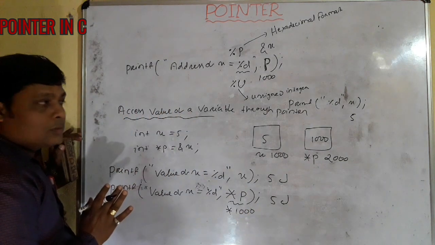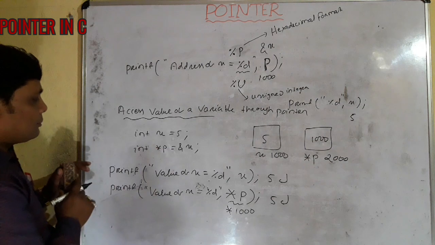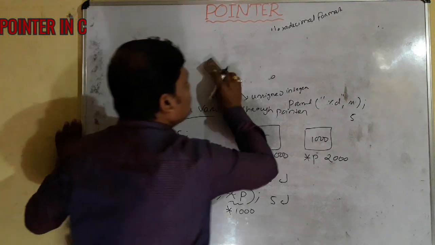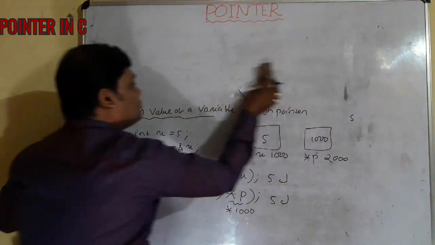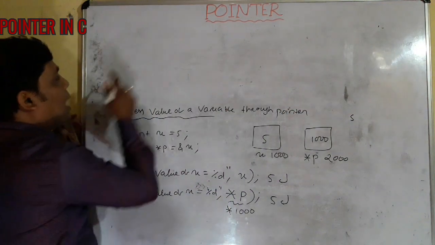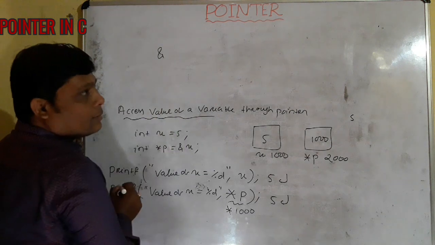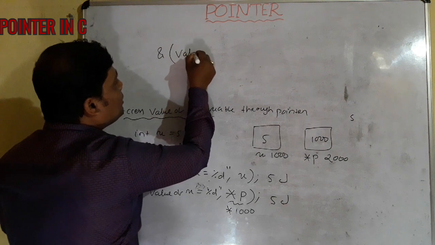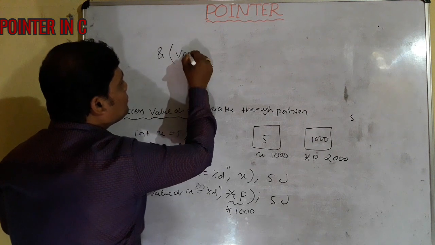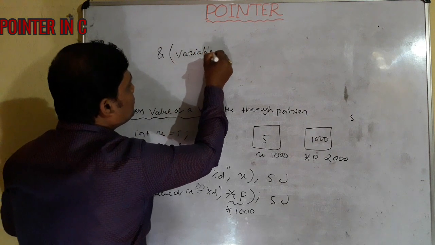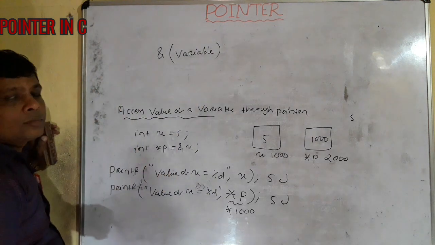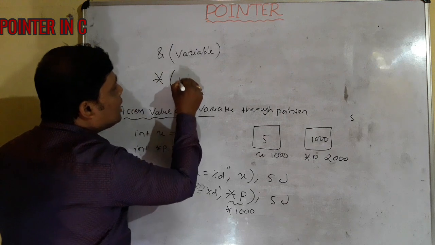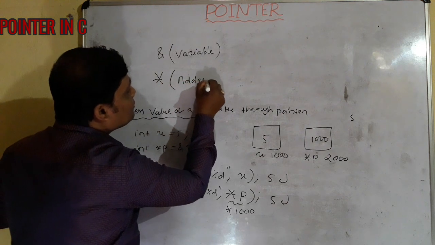Clear? Just remember one thing, that after ampersand or this monadic operator, there is always one variable. And after star, there is always address.